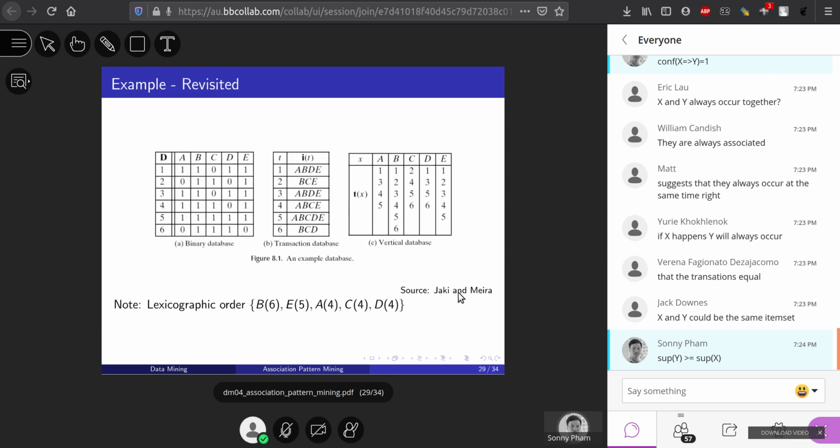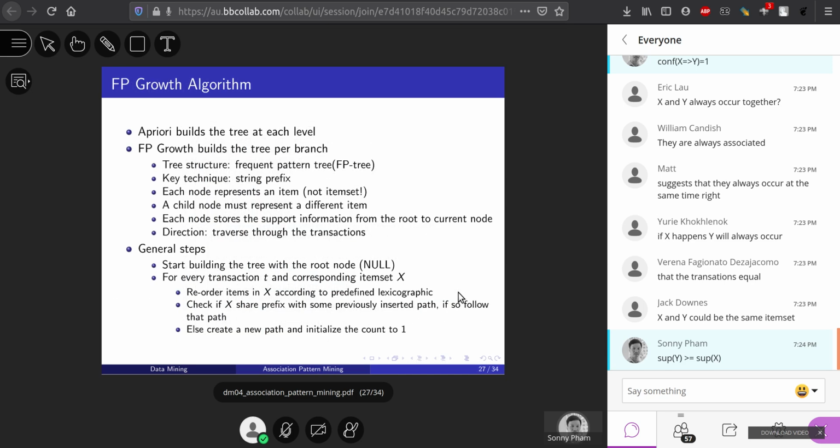But each node itself is just an item. Okay, that's a very, very important property. Each node has some number associated with it, and that number is accumulated by going through the transactions. Every time you pass through that node, you increment the node by 1. Okay, so that's the idea.